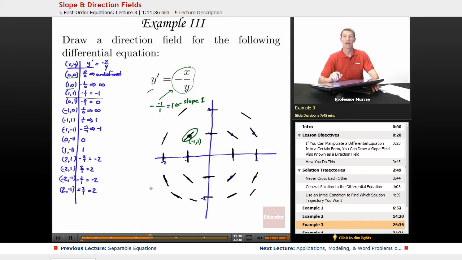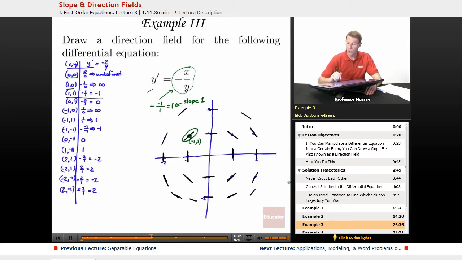And then I just went through the different places all over the plane. For each place, I took my x and y coordinates, I plugged them in, and I got a slope, and then I drew a little hash mark with that slope. So I get this direction field. In the next example, we're going to use this direction field to try to draw some solution trajectories. We're also going to compare them with some actual solutions to this differential equation, and we'll see what kinds of solution trajectories correspond to different values of the constant.